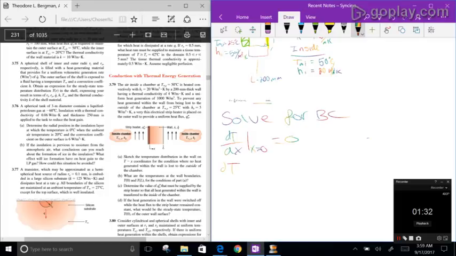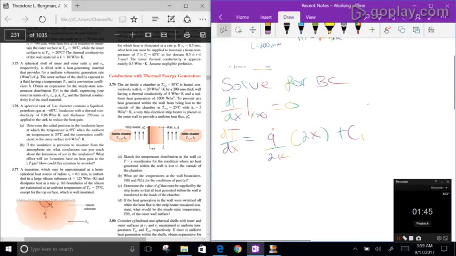We're going to solve for the temperature gradient, which is q dot over 2k times 2x plus C1.